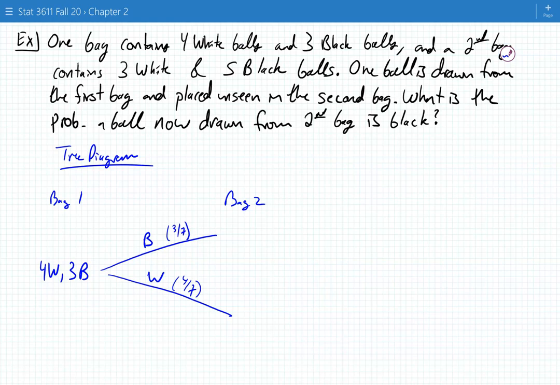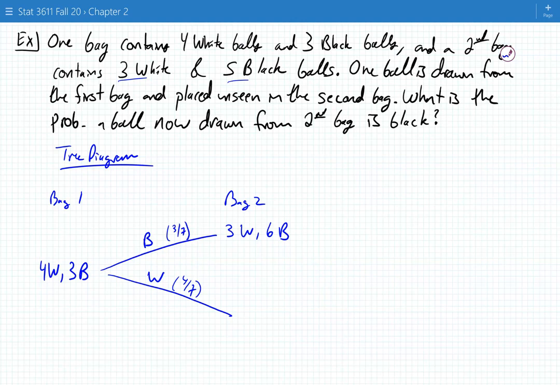Now looking at bag 2, you have 2 cases to consider. If we're on this first branch and we've drawn a black ball and put it in bag 2, bag 2 initially has 3 white and 5 black, but we've drawn a black ball and put it into bag 2. So bag 2 now contains 3 white and 6 black, all right?